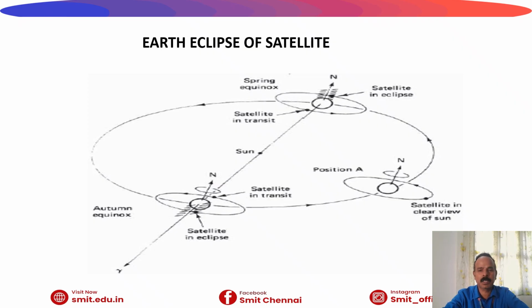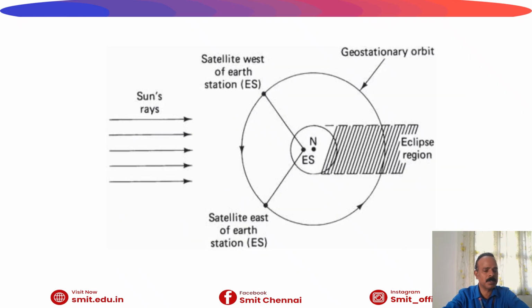The spring equinox is the first day of spring, and the autumn equinox is the first day of autumn. During this period, the sun crosses the equator. This causes the satellite to enter the Earth's shadow. However, due to the tilt of Earth's axis at 23.4 degrees, the satellite receives sunlight most of the year. Eclipse occurs only during the specific seasons.